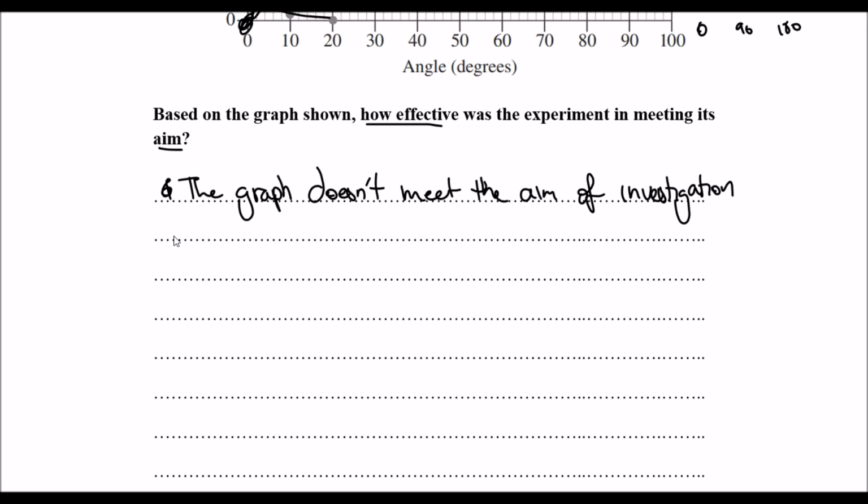So let's look at where it is effective and where it's not effective, okay? So it is effective because the first one, we said the diverse range of angles used.